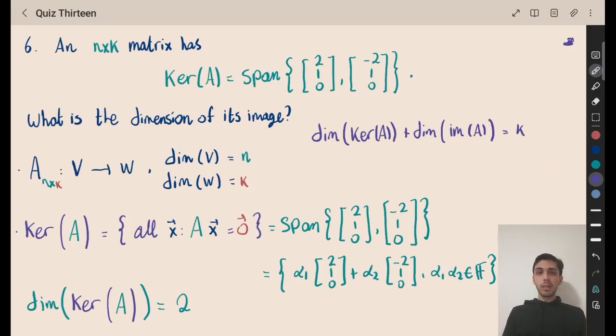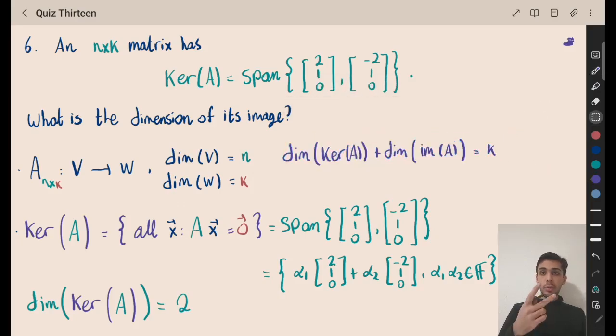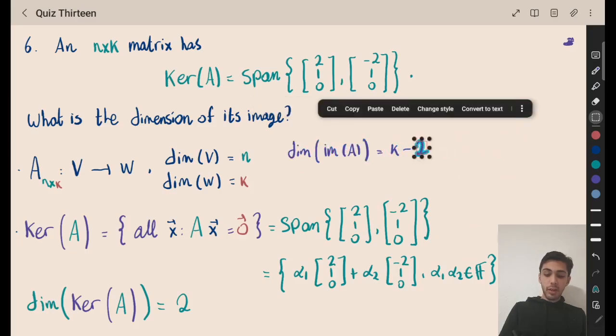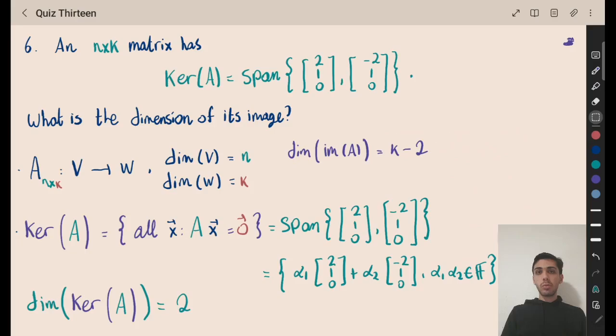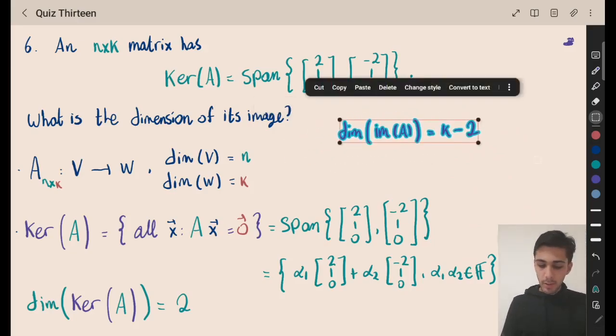So I can confidently say that since the resulting vectors lie in a k-dimensional space, and there are 2 dimensions which go to 0, then the remaining dimensions are k minus 2, and there are k minus 2 dimensions which go not to 0. This is what I can say for sure. So I hope this is a good explanation of the fact.